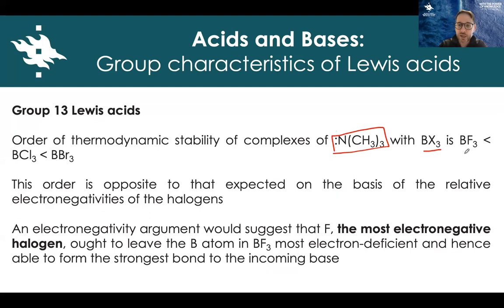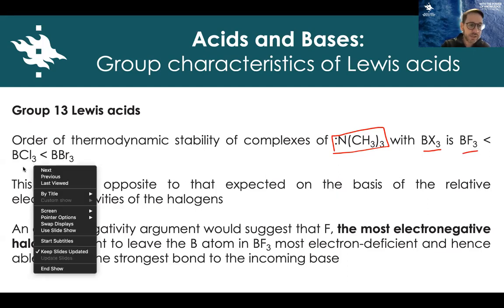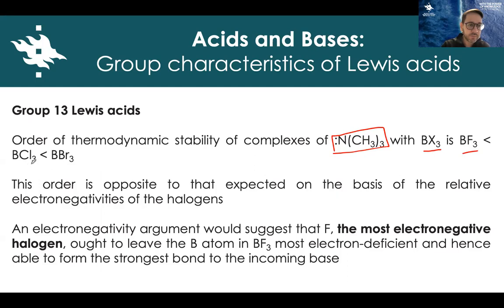So this indicates that the acidity of the 3 fluoride is lower than the 3 chloride and lower than the 3 bromide. Okay, so this order is the opposite to what we would expect relative to the electronegativities of the halogens.